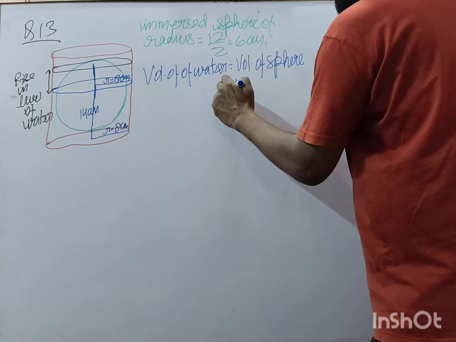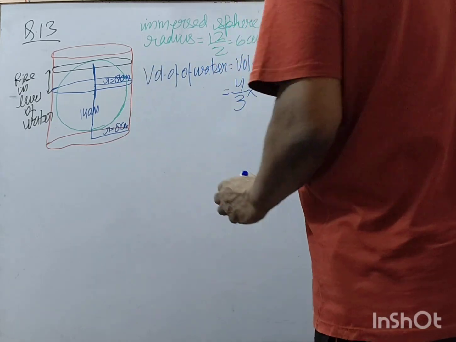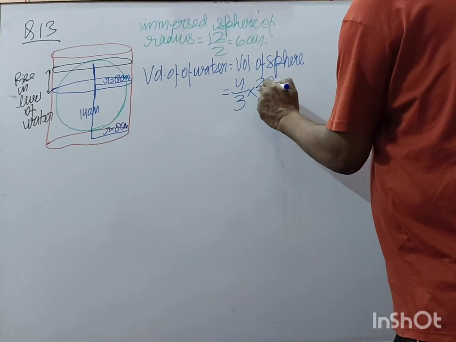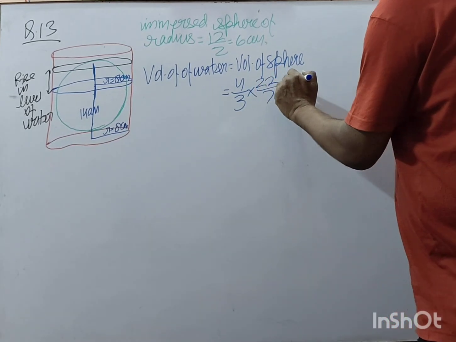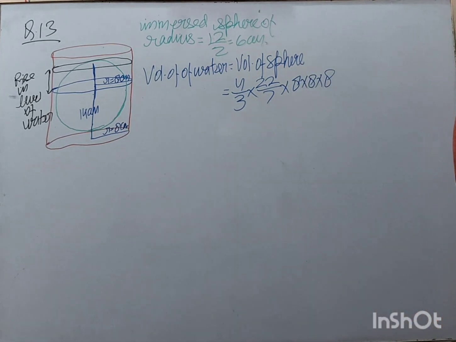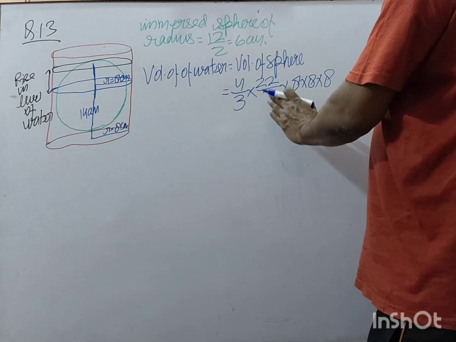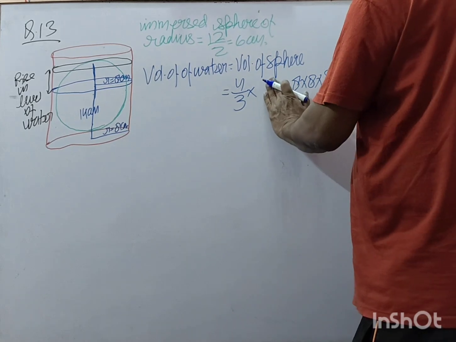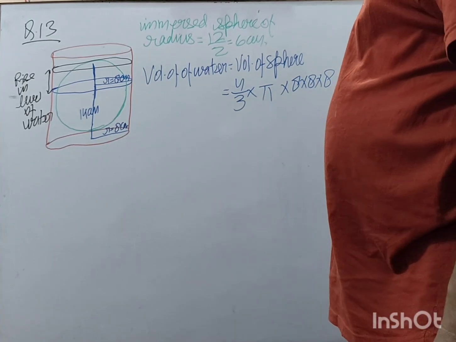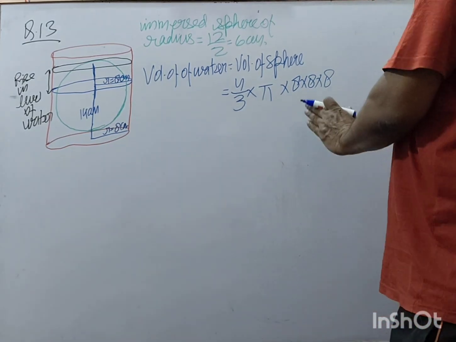Volume of sphere is equal to 4 by 3 into pi r cube, and the radius is 6 centimeter.